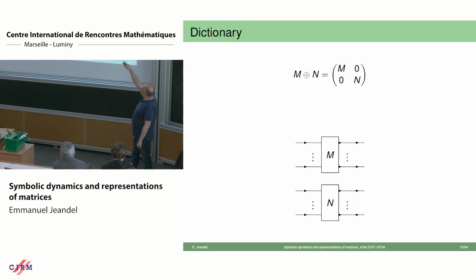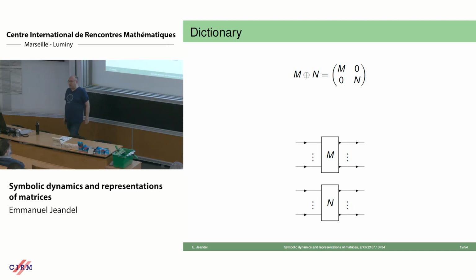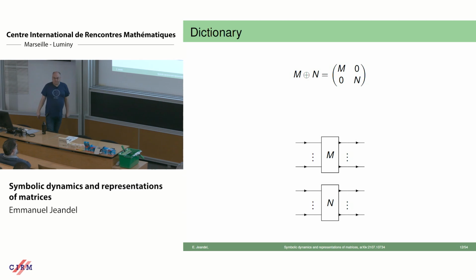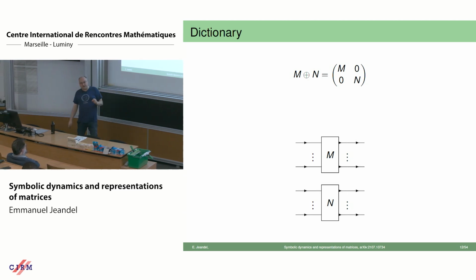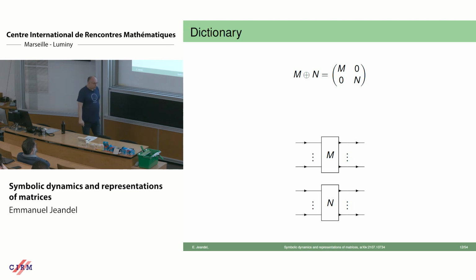So the sum, the Kronecker sum of 2 matrices, is just putting the 2 matrices side by side. And again, for this to work, it should be true that the law I'm taking is associative, for the same reason as previously. Okay, so the first 2 matrices were easy. The 2 compositions, graphically, are just one after the other, or one on top of the other.